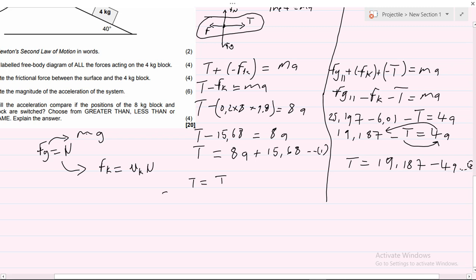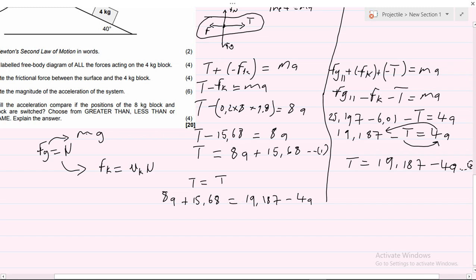So 8a plus 15.68 is equal to 19.187 minus 4a. Be careful, it's 4a.